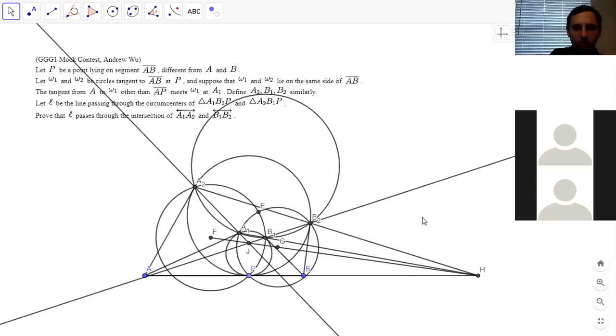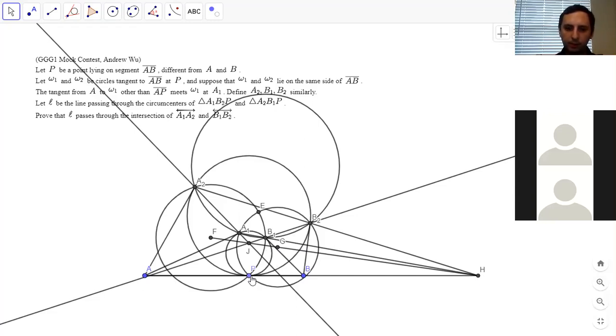How did we prove that F, G, and H are collinear from inversion? Basically we showed that an inversion centered at H swaps these two circles, and since F and G are the centers of them, H has to be collinear with them. Consider an inversion at H with radius HP.